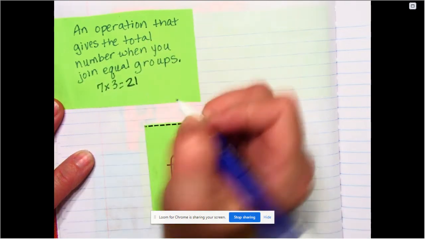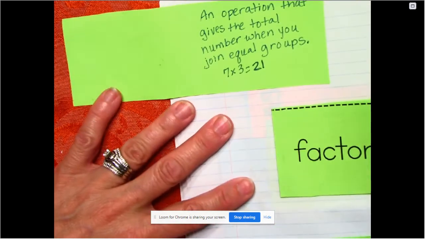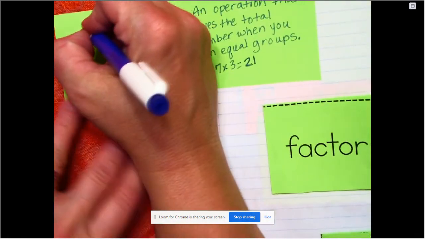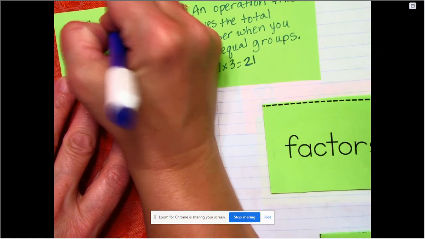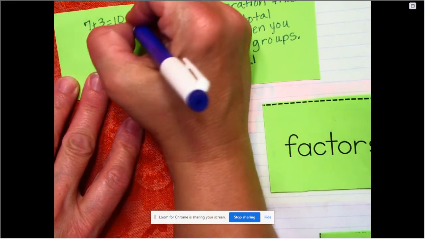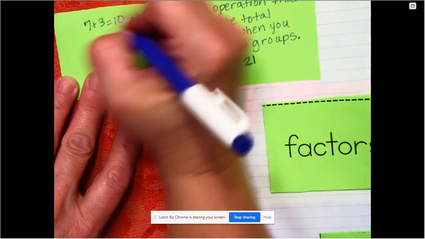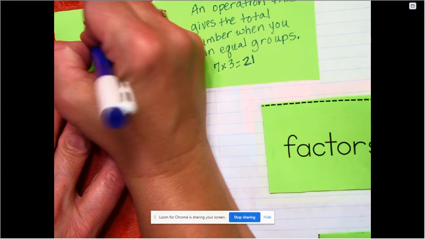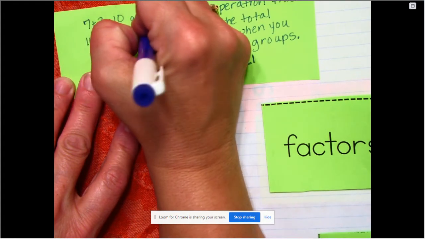They call that an operation. You can do addition. We could do, if we slide it over here, because I don't have enough room on there, if I do addition, 7 plus 3 equals 10. That's the addition operation. If we do 10 minus 3 equals 7, that's the subtraction operation.